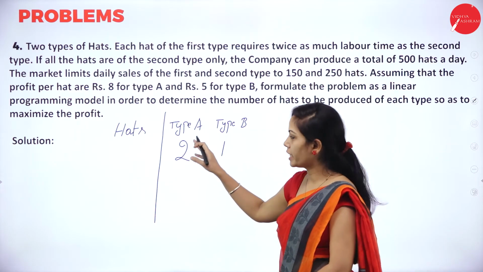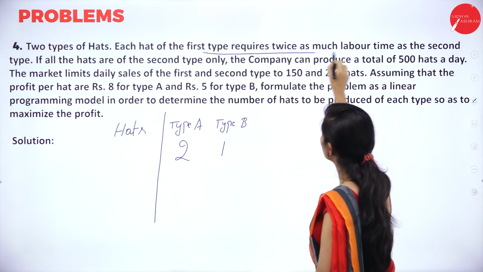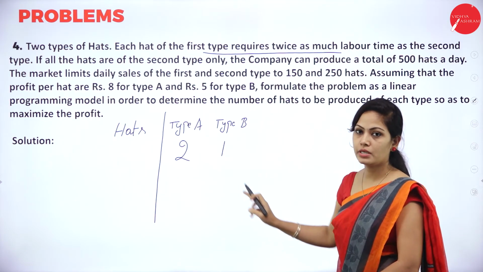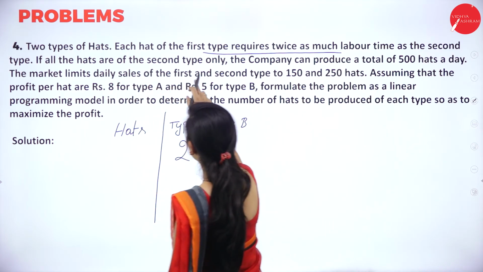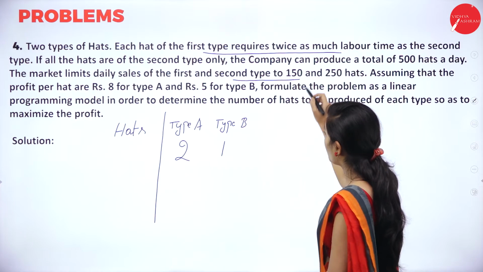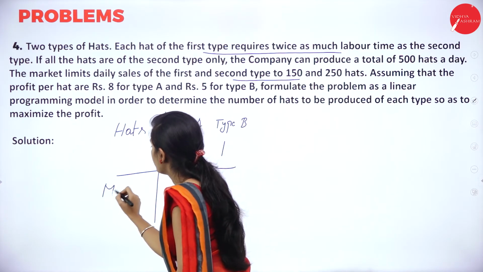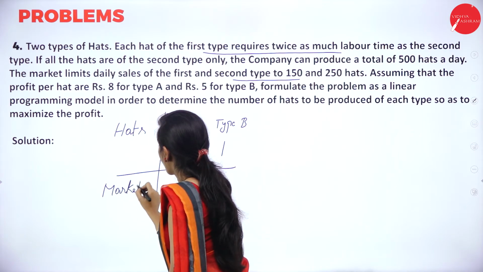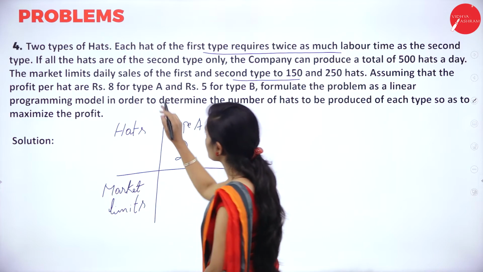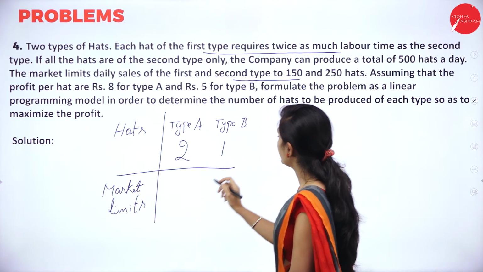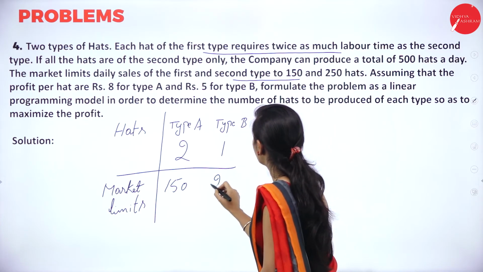So here for type A, I have written 2 because each hat of the first type requires twice as much labor time. And the market limits daily sales of the first and second type to 150 and 250.